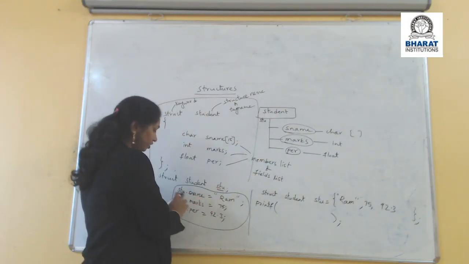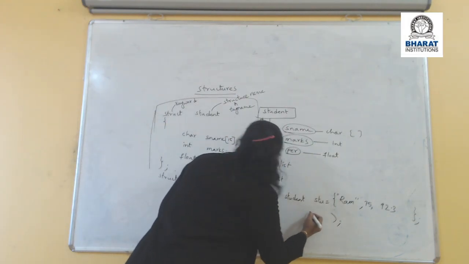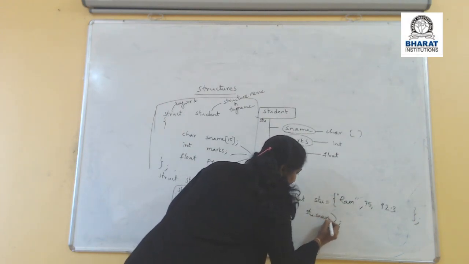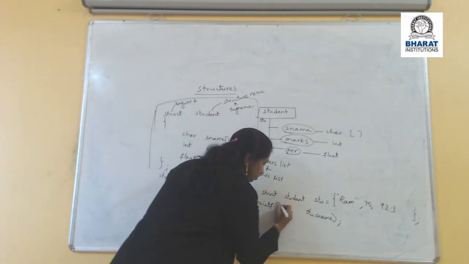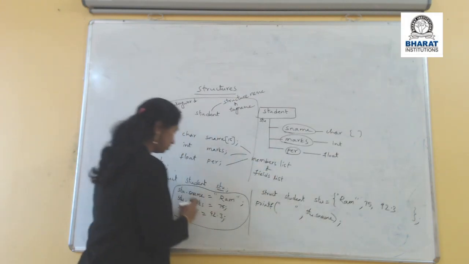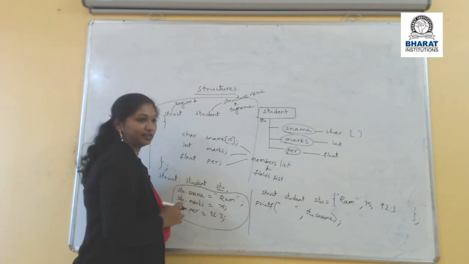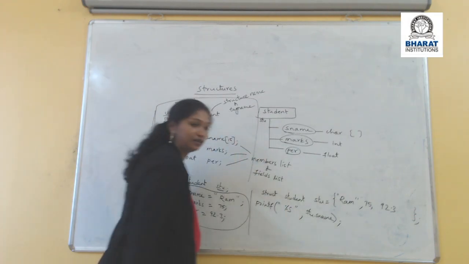Here I want to display the student name. Student name is stu dot sname. For displaying this, which control string is suitable? This sname is a character array, nothing but a string. For displaying a string, you have to use percent s.